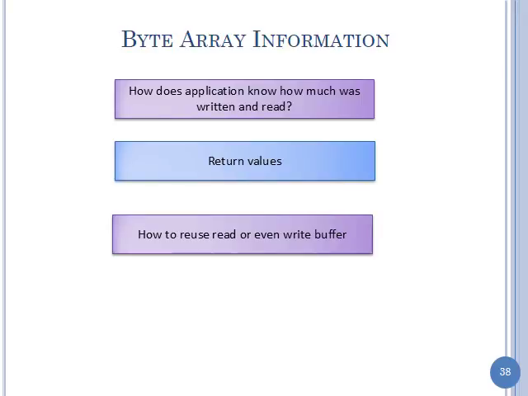So return values. So then the question becomes, that's sort of the obvious answer, return values. Now what you might want to do is reuse your write buffer for multiple writes, and reuse your read buffer for multiple reads.